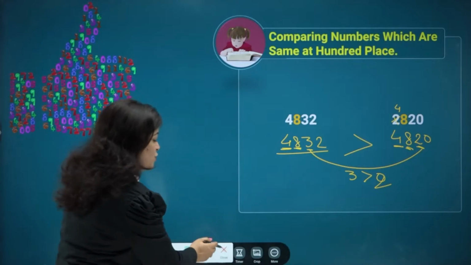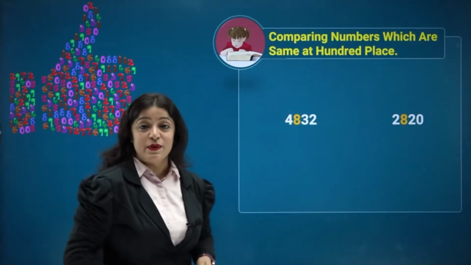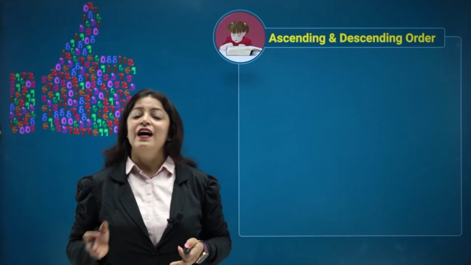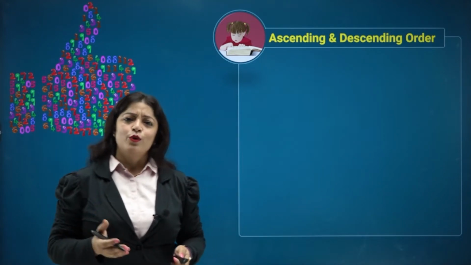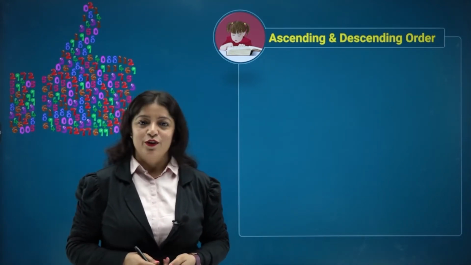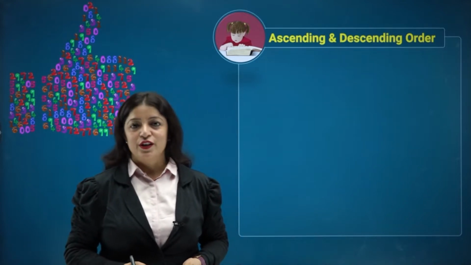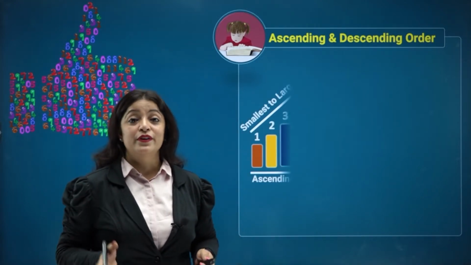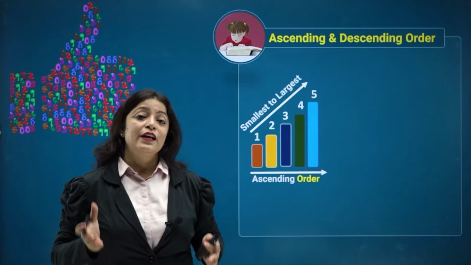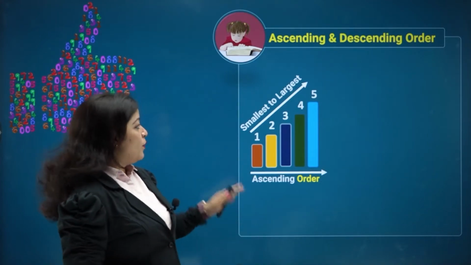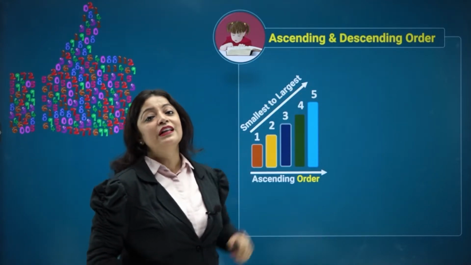Now moving on to the next segment, that is ascending and descending order. Now you all are familiar with what ascending and descending order are. So let's see how we can compare different numbers in ascending and descending order. Ascending order basically means what? When we move from the smallest to the largest number.